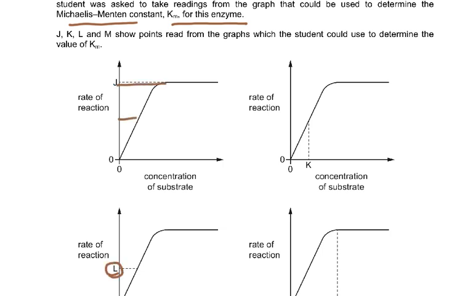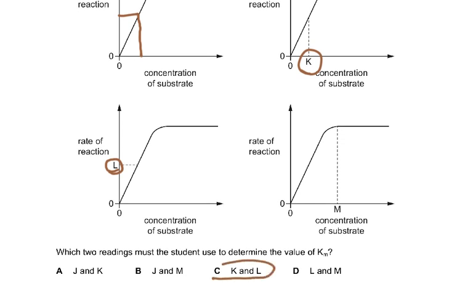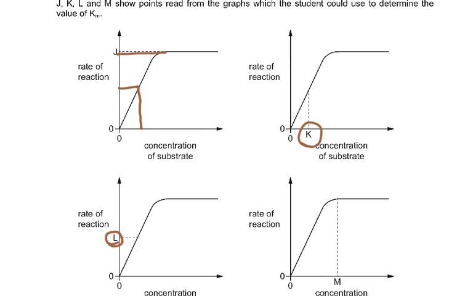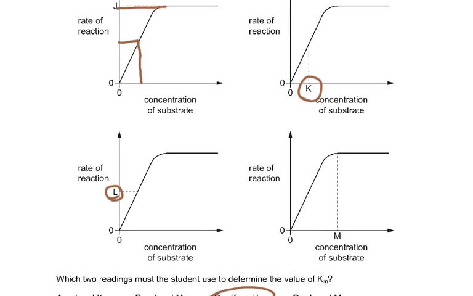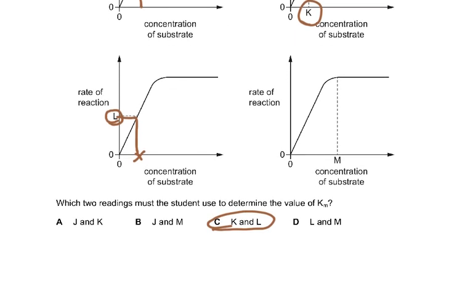But we had to find out the half Vmax and then you draw a line here. So this is K. So basically you have to do K and L. So that is why the answer is C. So Vmax was J. Half Vmax is L, and then K is how you read this off, you read this and then you read it off with the concentration of substrate here. So K and L was the answer to this.